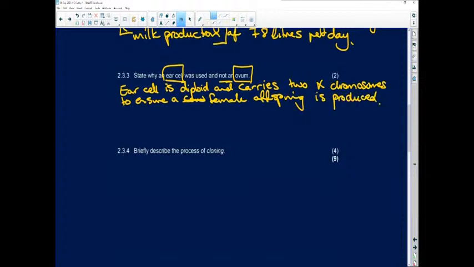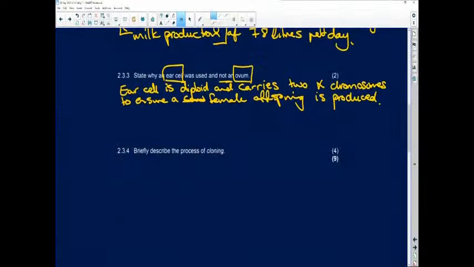Remember, an ovum in a female only carries X, but a sperm cell carries X or Y. So this ensures a female offspring is produced with the desired traits.